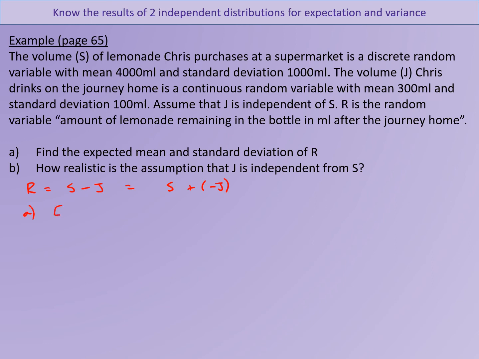So for part A, we first of all want the expected value of R. We can use the formula that this is the expected value of S plus the expected value of negative J. Then using the expected value of aX plus b formula, we can write this as the expected value of S plus minus 1 times the expected value of J. This is therefore 4,000 plus minus 1 times 300, which is 3,700 millilitres.